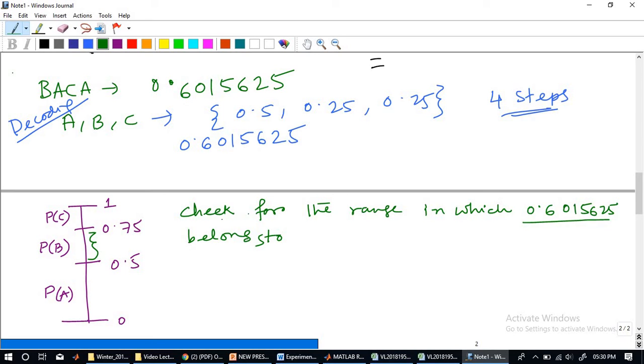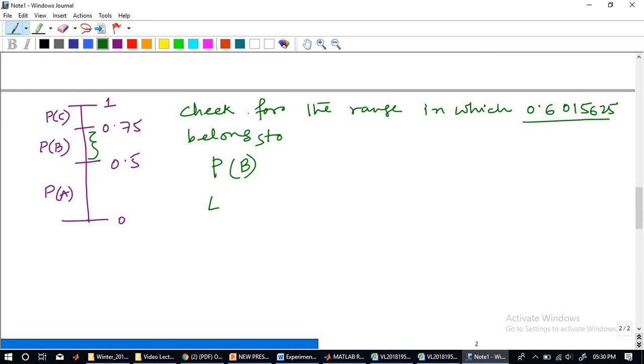So here it belongs to something in terms of PB. Since it belongs to PB, we will take the lower limit as 0.5 and upper limit as 0.75. Clear? And we will go on doing the same process like we did.